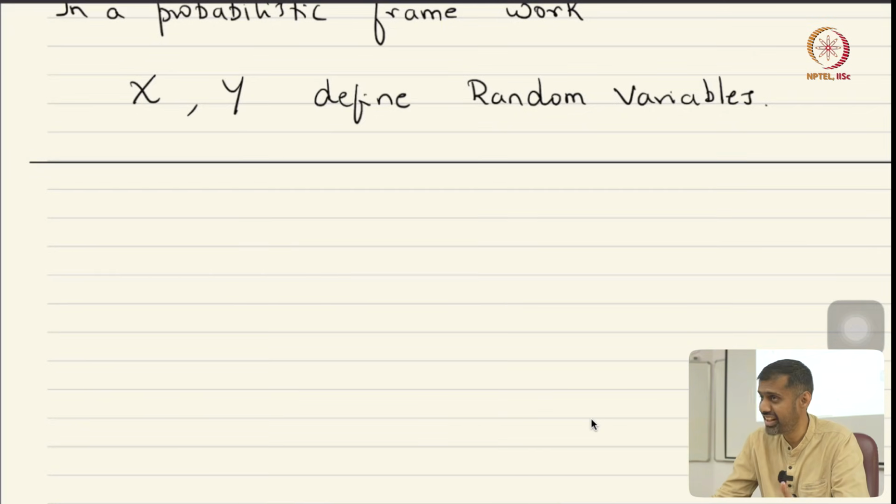As I said in the last class, there is nothing random about a random variable. It's a deterministic function. We say that there exists an experiment which we call a random experiment, and there are outcomes of that experiment, and the collection of all possible outcomes becomes a set. We know how to deal with sets.